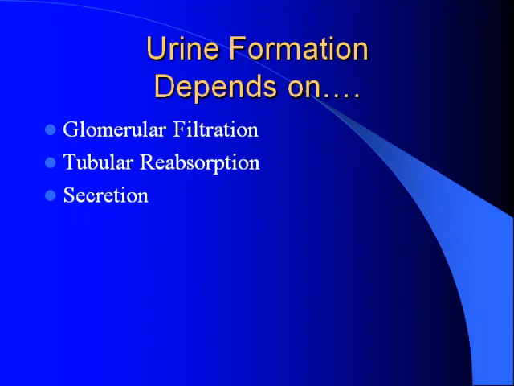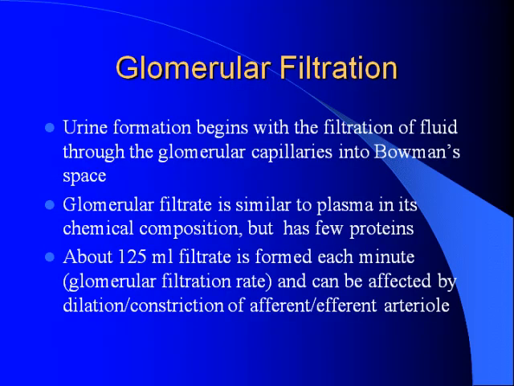Urine formation depends on three different things, basically. Glomerular filtration, remember we said that filtration occurs in the glomeruli. Reabsorption that occurs in the tubules, and then secretion. So let's start with filtration. Urine begins with the filtration of fluid through those glomerular capillaries into Bowman's space.